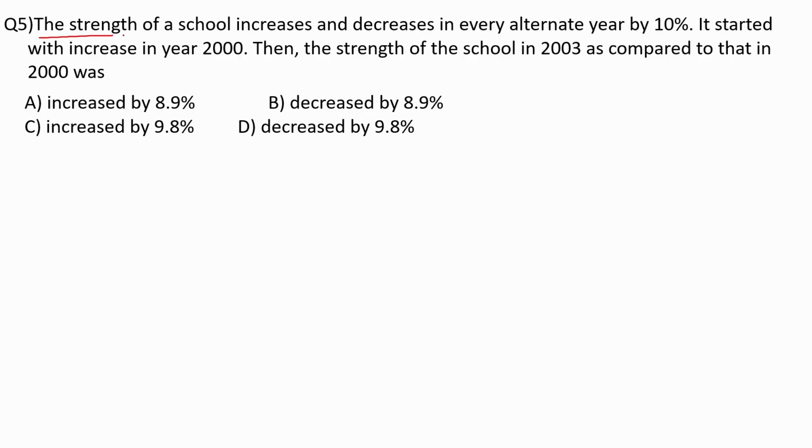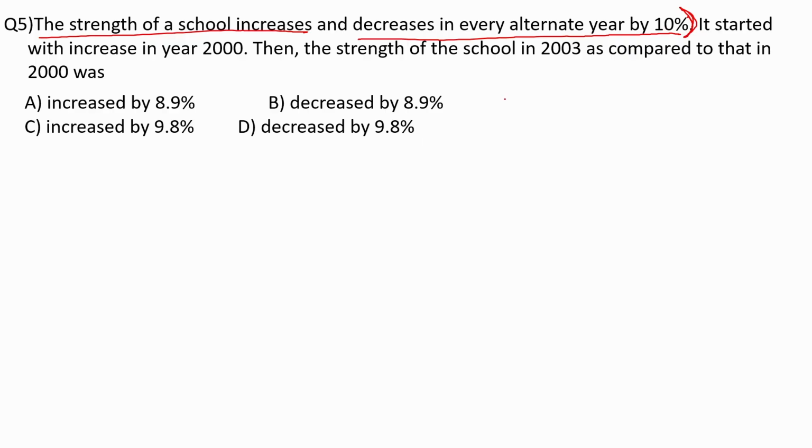The strength of a school increases and decreases in every alternate year by 10%. I am breaking this question till this sentence, guys, and I am going to explain this sentence. What does this statement mean?